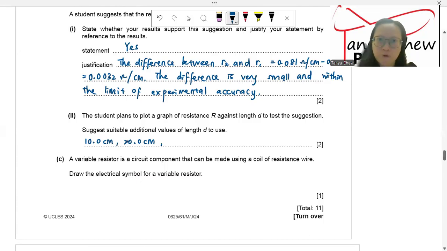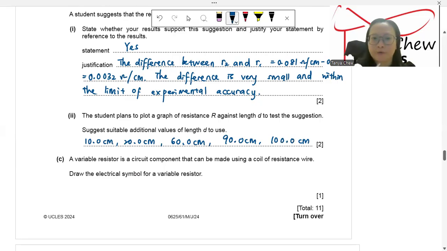To plot a graph, you need more readings in order to plot an accurate graph. 20 cm, maybe 60 cm, 90 cm, and maybe a maximum of 100 cm. 1, 2, 3, 4, 5, 6, 7. I have altogether 7 values because the student has already measured 75 cm and 50 cm. You can put as many values as possible.